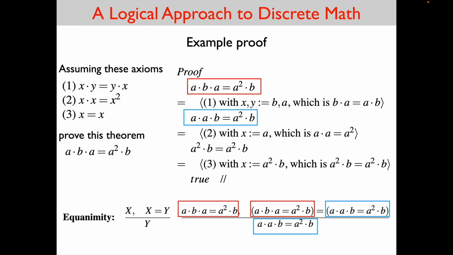Now, how did we use that? Well, what we said here in the first step is we said a times b times a equals a squared times b. If that is true, and then we said, by Leibniz we showed that a times b times a equals a squared times b equals a times b equals a squared times b.